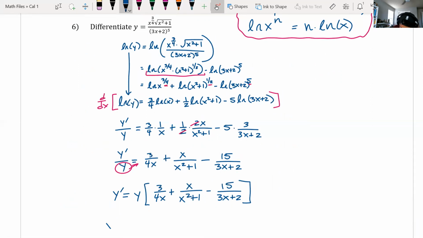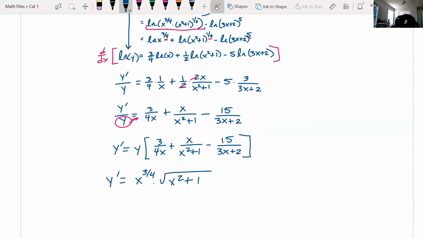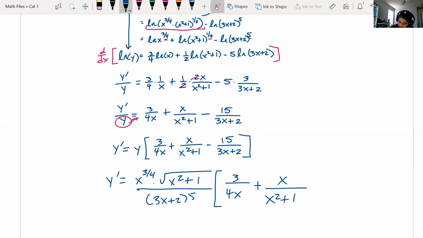So you get y prime equals x to the 3/4 times the square root of x squared plus 1 over 3x plus 2 to the 5th, times, you can do brackets or parentheses, I like brackets because it just looks neater, 3 over 4x plus x over x squared plus 1 minus 15 over 3x plus 2.